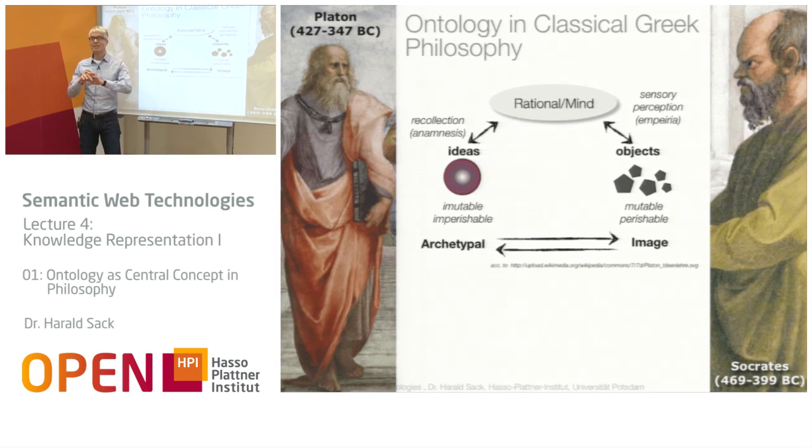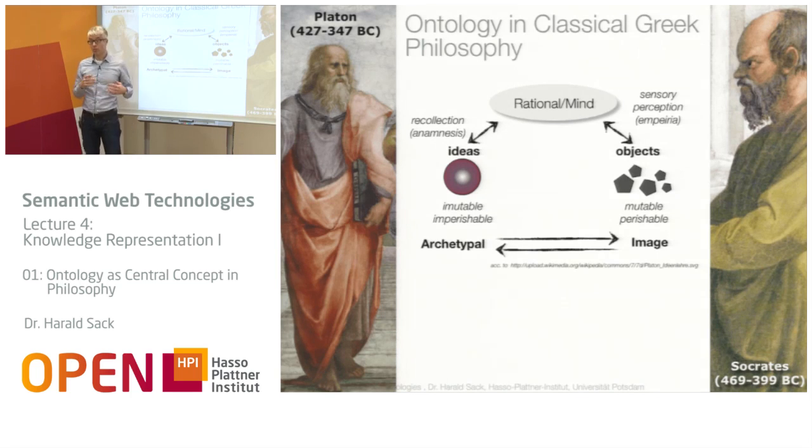Of course, time is an important factor and they change within time, they perish within time. Though these are only images of so-called archetypes, of the ideas. And these ideas, they are immutable, imperishable. They will never change. And these ideas exist only in our mindset. They exist in our mind. And the objects of the real world, they are simply instantiations of these ideal ideas.